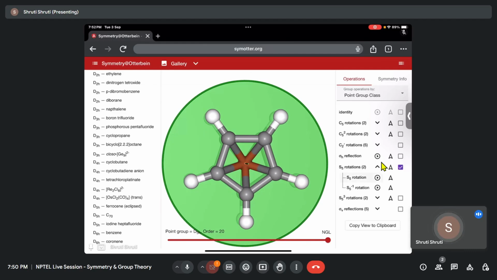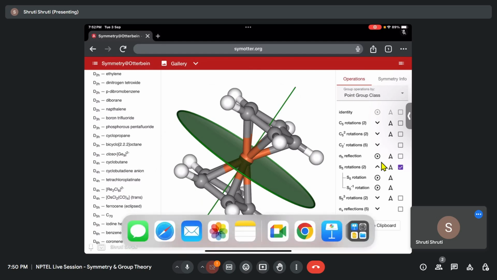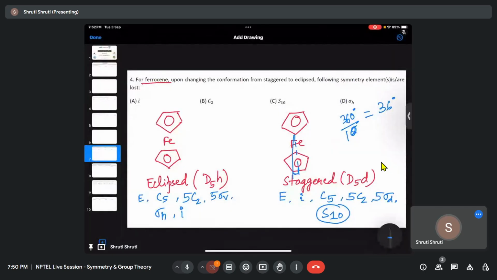So just a 72-degree rotation will bring one carbon atom over the other from the top ring, and then reflection will take the same to the bottom ring. So the answer to this question is, upon changing the conformation from staggered to eclipsed, we lose S10. All other things are intact.